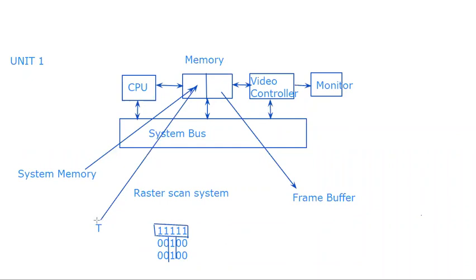So this is the basic analog form of T, and this is the digital form of T. When we convert T into digital form, so you will get 1 1 1 in place of this particular and this particular, and all other will be 0.